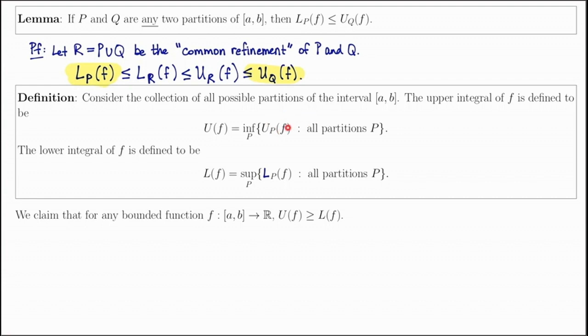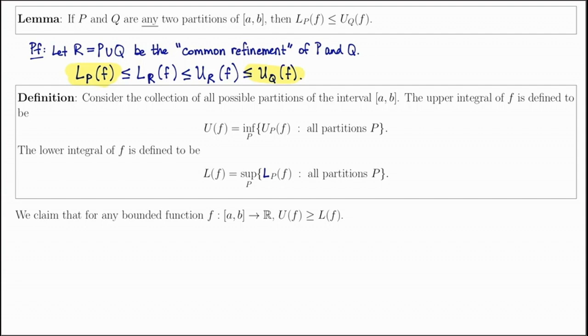Since all upper sums are bounded below by every single lower sum from the lemma at the top, this infimum does exist because we're bounded below, so there is a greatest lower bound. Similarly, all lower sums are bounded above by any given upper sum. Therefore, the set of all lower sums is bounded above.